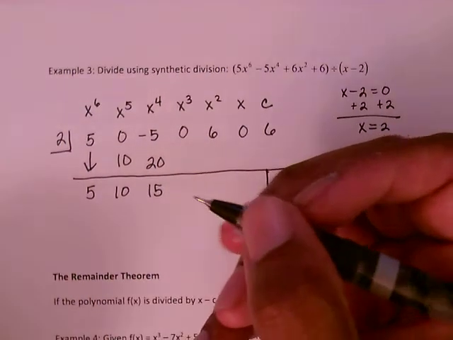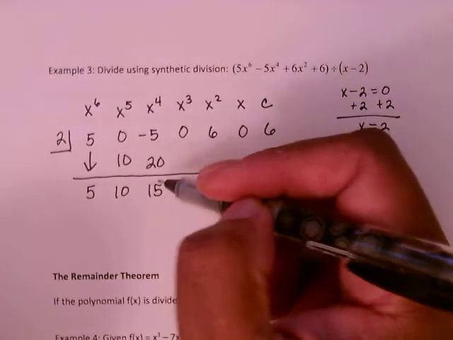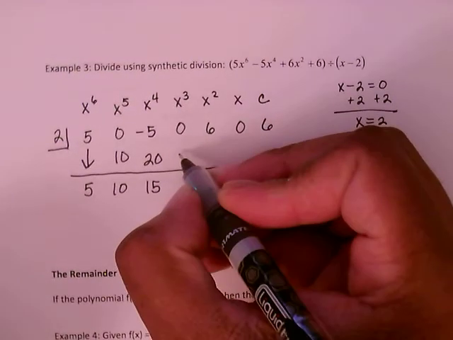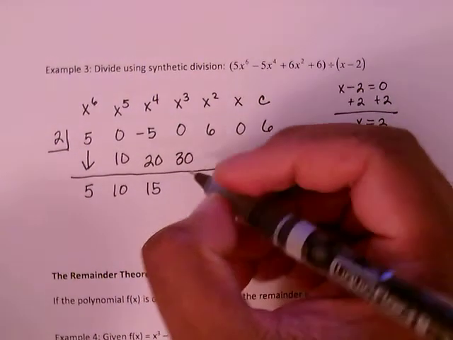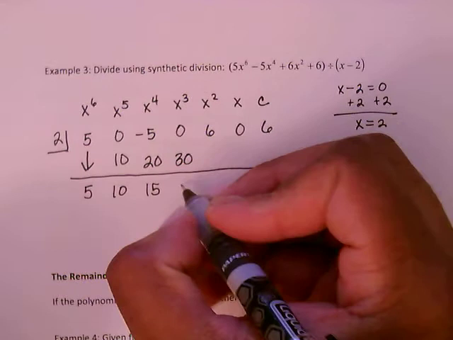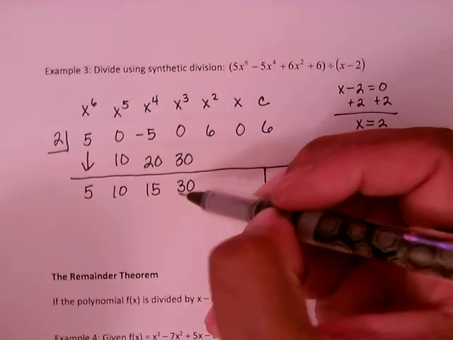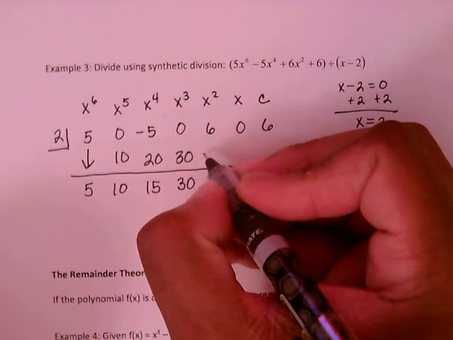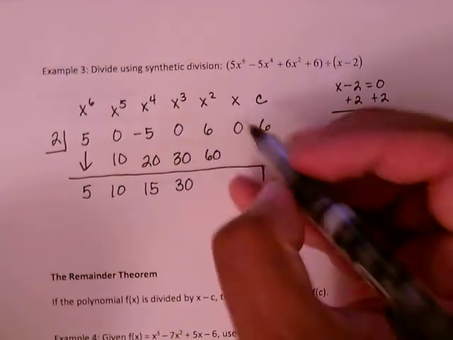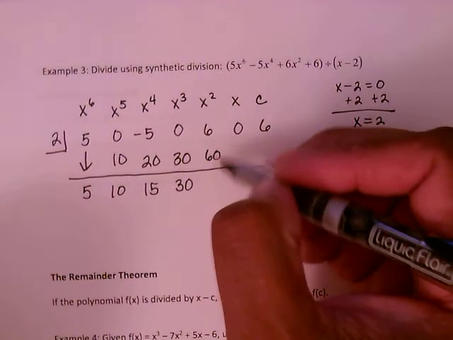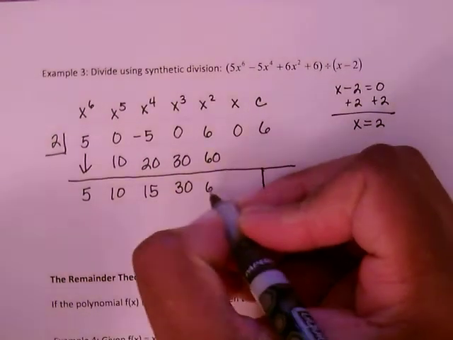And then 2 times 15 would be 30. And then add 0 and 30, you're going to get 30. And then next, 2 times 30 will be 60. And then add 6 and 60 together, you'll get 66.